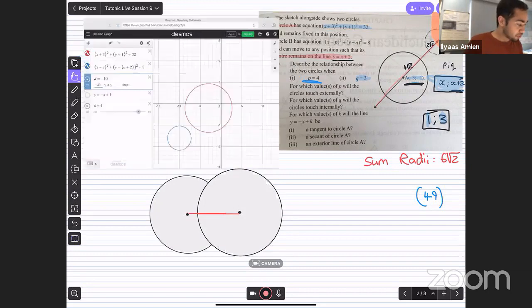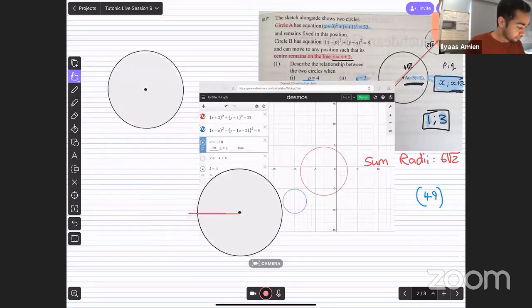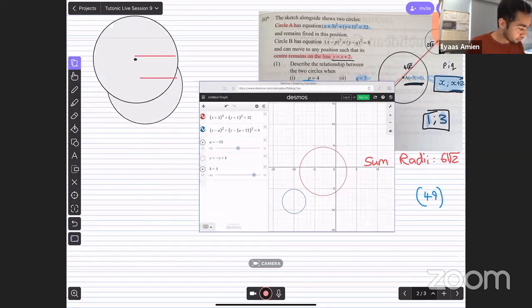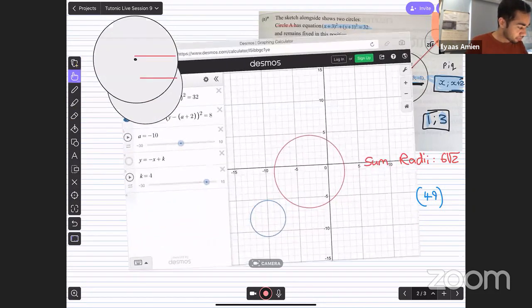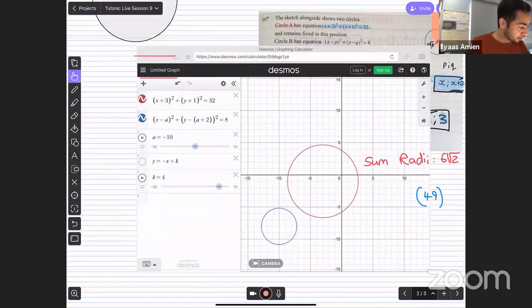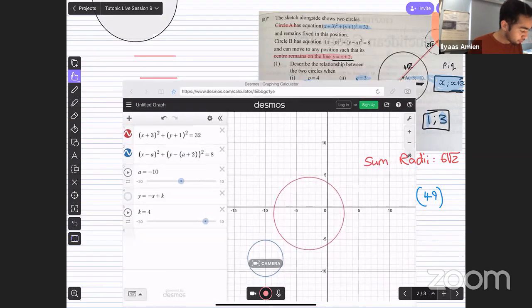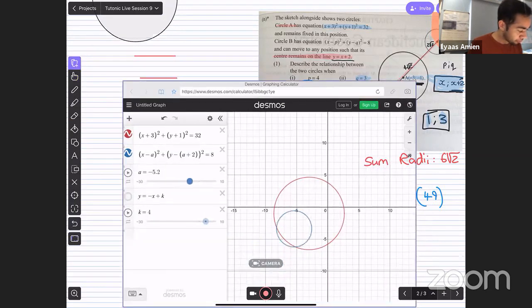And just to prove it to you, let's use the actual diagram of the actual graph. We said when Q is 4, right? So what happens when we make A 4? Look what happens when we make A 4.